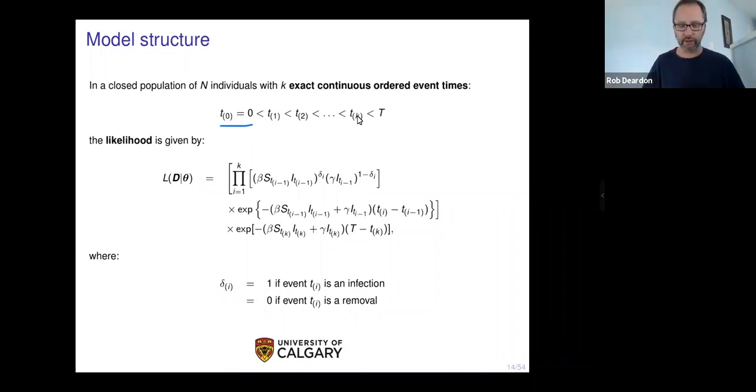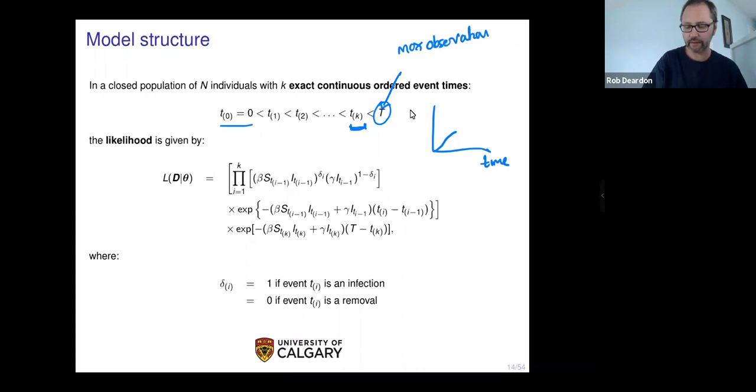And then there's a final event time, TK, which might mean everybody's been infected and removed, but it might be earlier on in the epidemic. We might be talking about data from the first stage of the epidemic with the rest of it missing. So this could be the final infection, but it doesn't have to be.